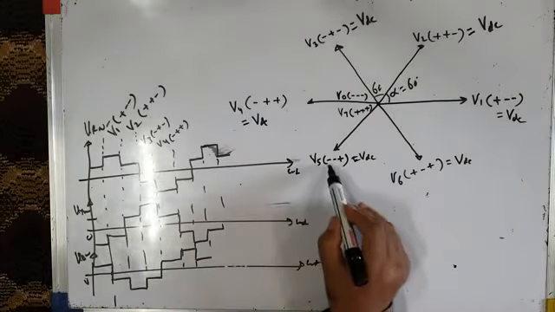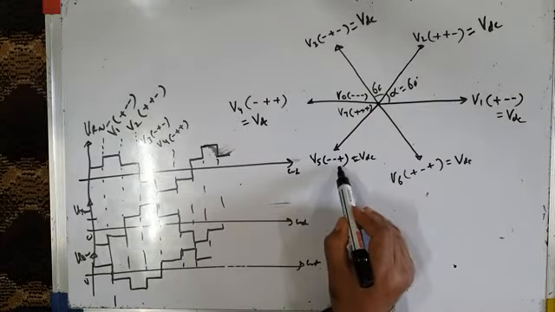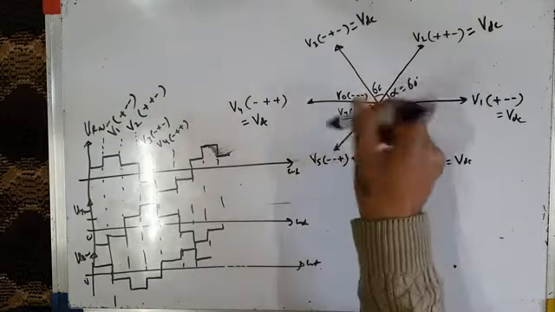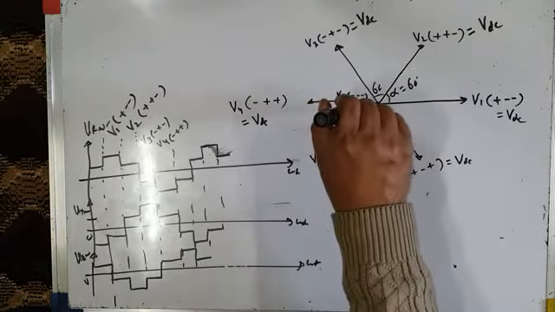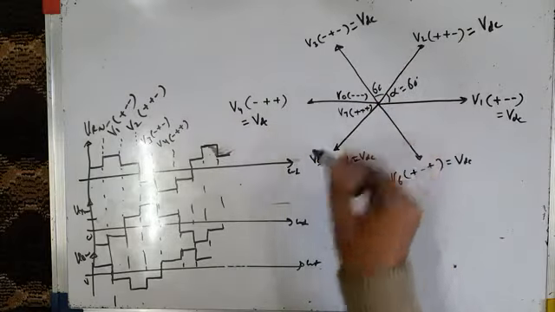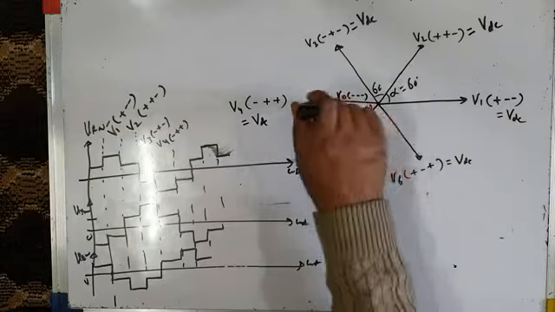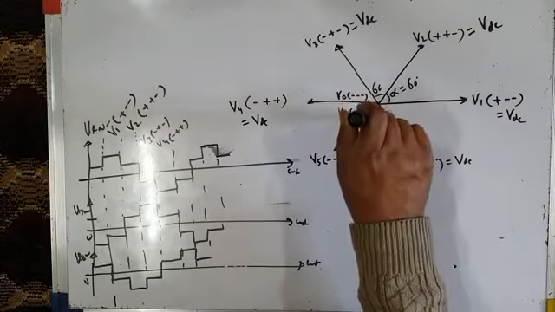And when the inverter switching state is this, it applies a new voltage vector. This voltage vector is not applied now across the load. It applies a new voltage vector V5 equal to VDC, but after 60 degrees. That means this voltage vector gets applied across the load for a 60-degree interval.